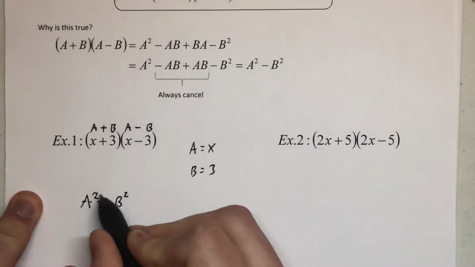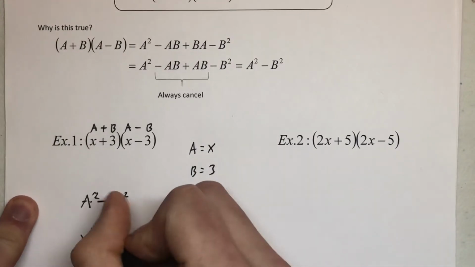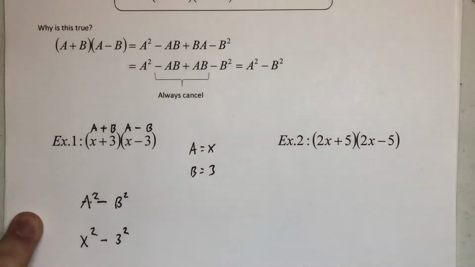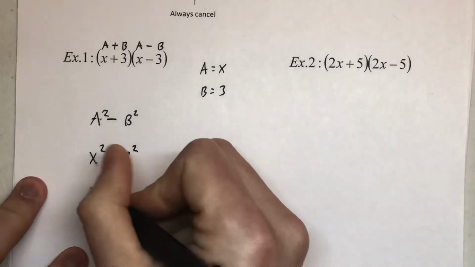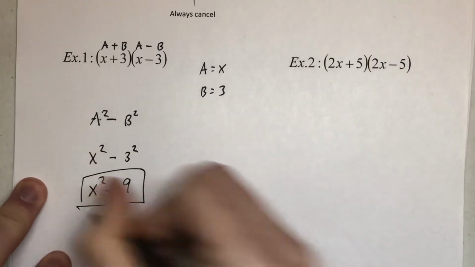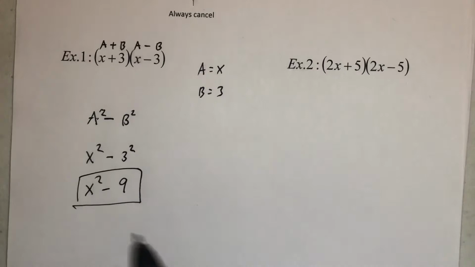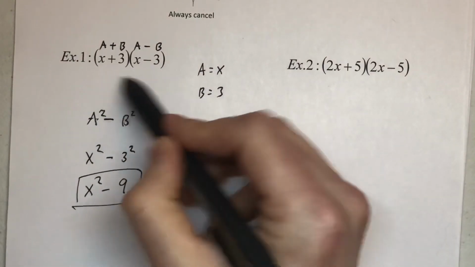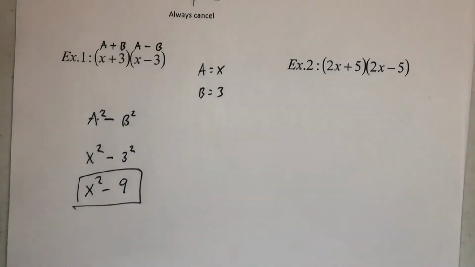So A squared is x squared, B squared, if B is 3, would be 3 squared. And all you'd have to do is say 3 squared is 9, and there's our answer. The same exact answer you'd get if you distributed all four arcs and watched those middle terms cancel.